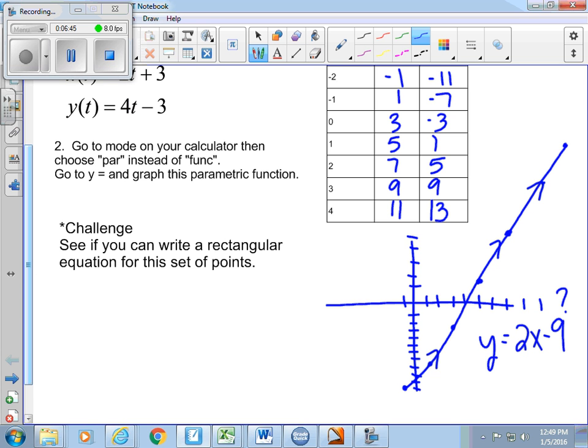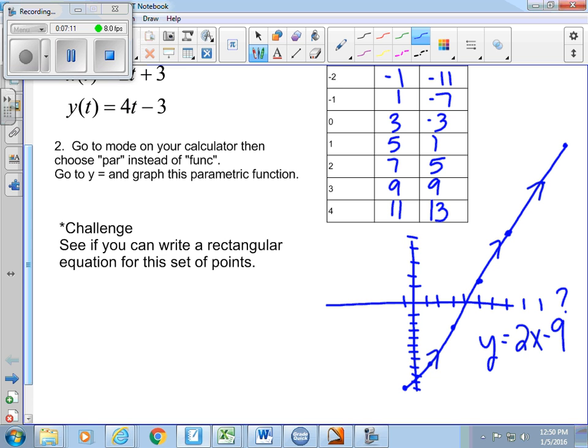How did you get that? So I know the slope is 2, and then I just set one of the points equal to the variables, and I see it's on. Does everyone agree that seems like it should work?